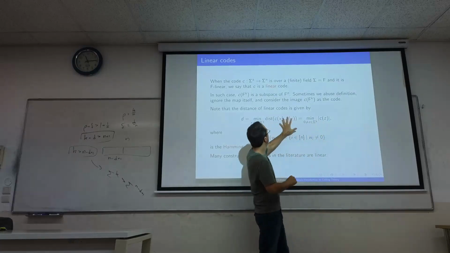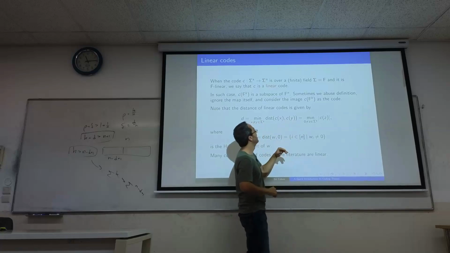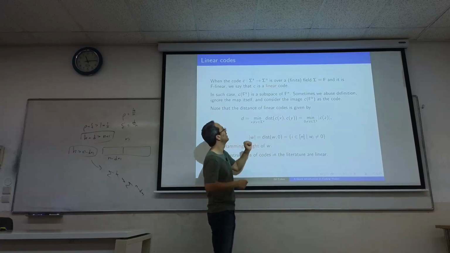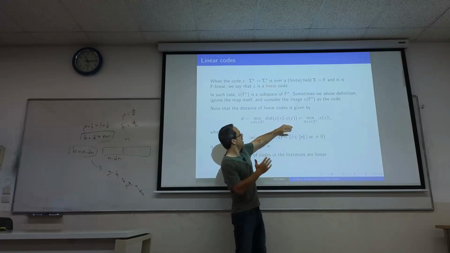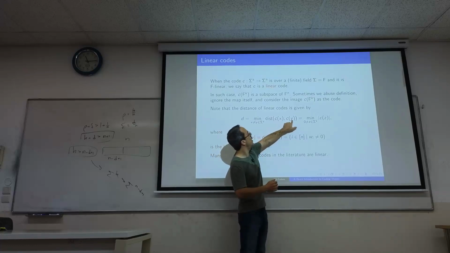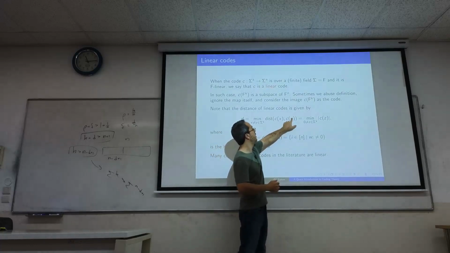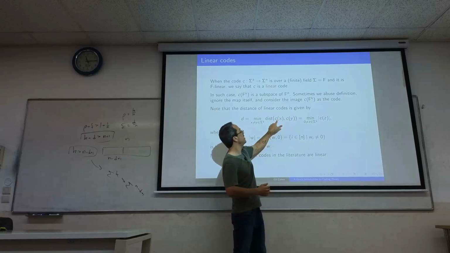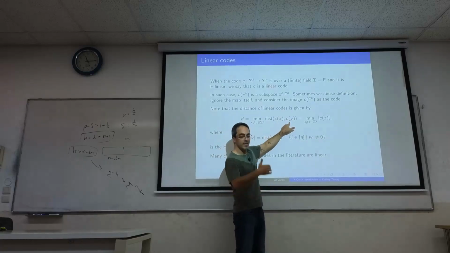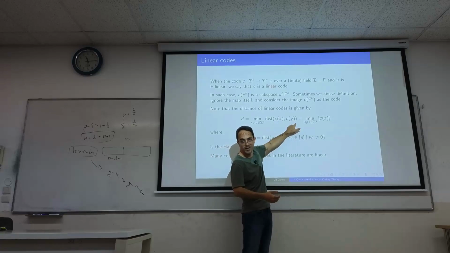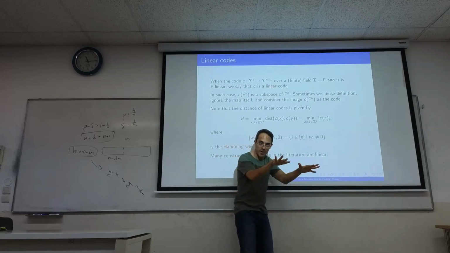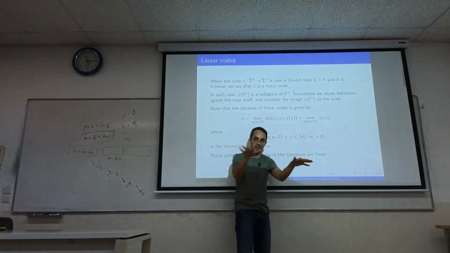Okay, so again, because this is very simple and I get the sense that I did it wrong. In a vector space, instead of writing y here, you can just plug a 0 here, because if you want to consider the distance between c of x and c of y, it's the same as the distance between c of x minus y and c of y minus y, because you just move everything by y.